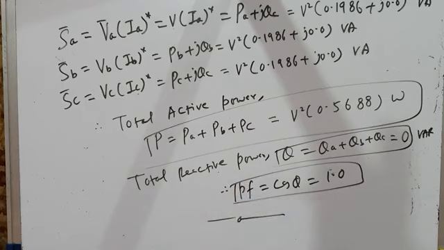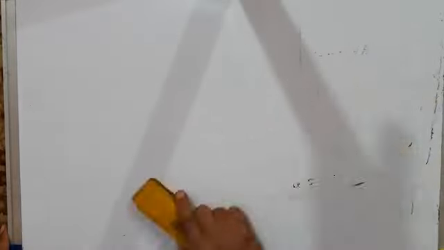You have seen that these shunt passive compensators perfectly balance the currents and powers in all three phases. This is one problem, and we will try to solve another problem which is a bit more complex than this one.